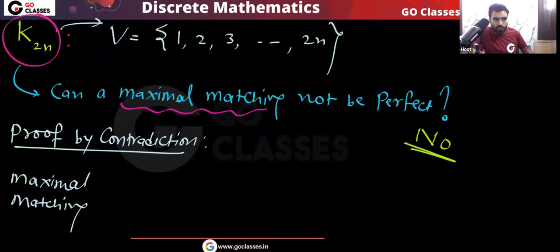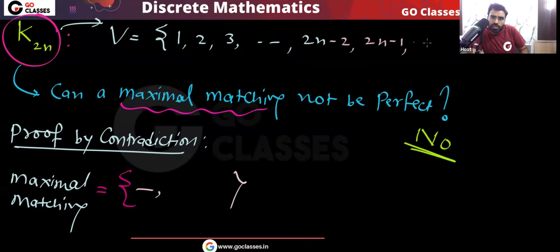Now, for a moment, assume there is a maximal matching, and let's assume this covers only 2n minus 2 vertices. See, these are the vertices 2n minus 2, 2n minus 1, and 2n.